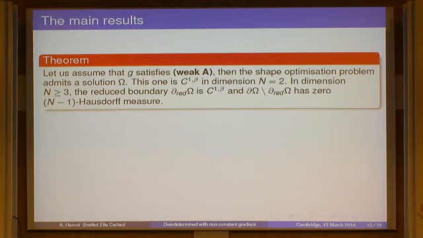I cannot hope for more because I just assume that J was Hölder continuous. So I cannot hope for more than C1 beta. And in higher dimension, I can get C1 beta regularity for the reduced boundary, and the singular set has zero (n-1)-dimensional Hausdorff measure, which is the classical regularity for those who know this kind of problem.